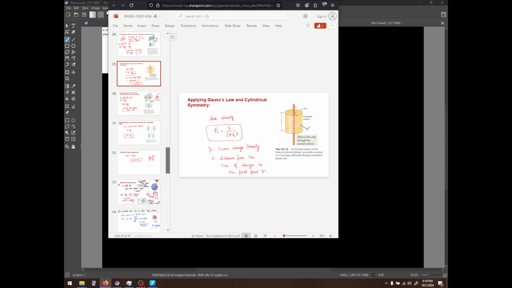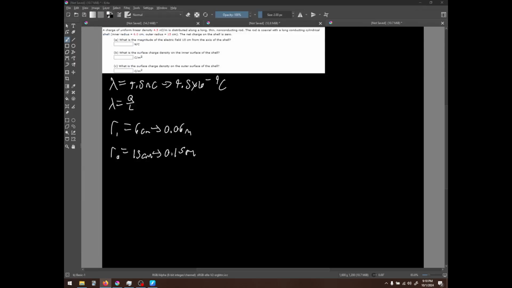Let's try it. E equals lambda over 2 pi epsilon 0 Ri. Inner would be inner minus outer, inner plus outer, outer minus inner. Take away the inside.